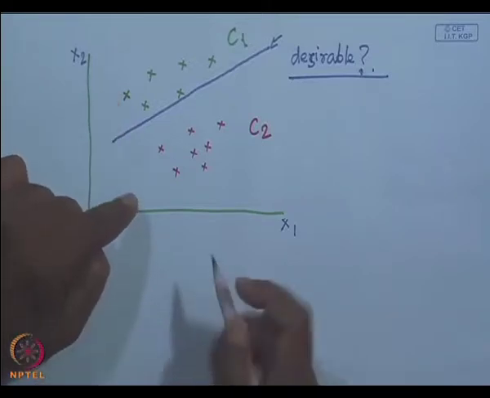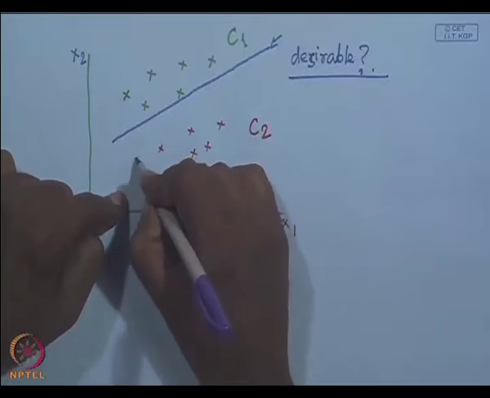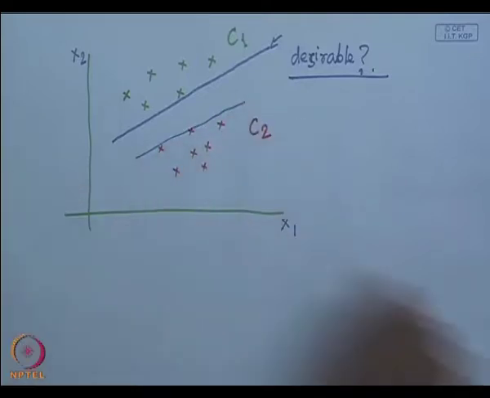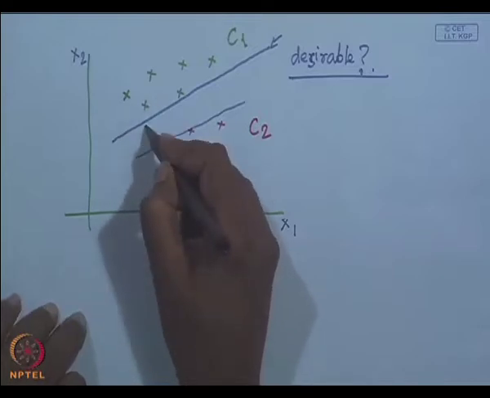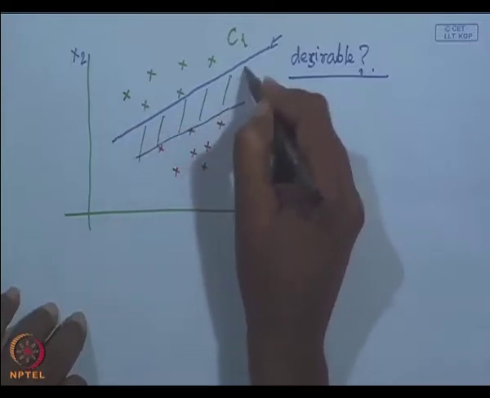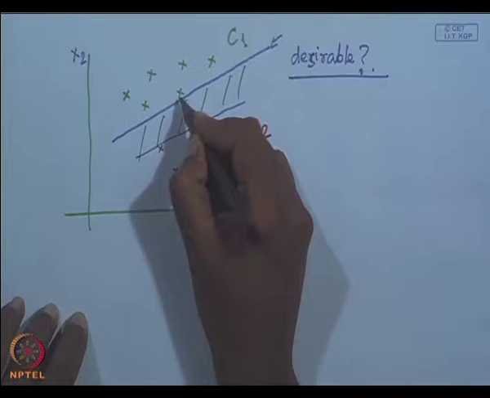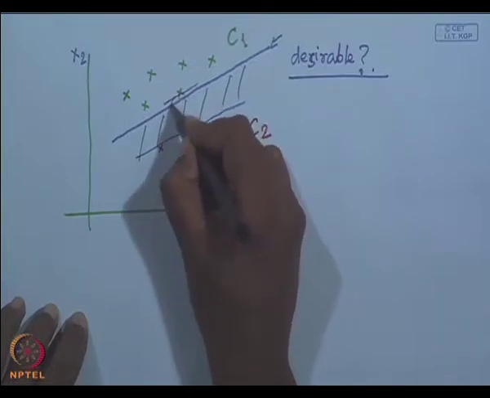The reason is, this entire space from here to here is given to class C2, whereas the margin to class C1 is only this much.